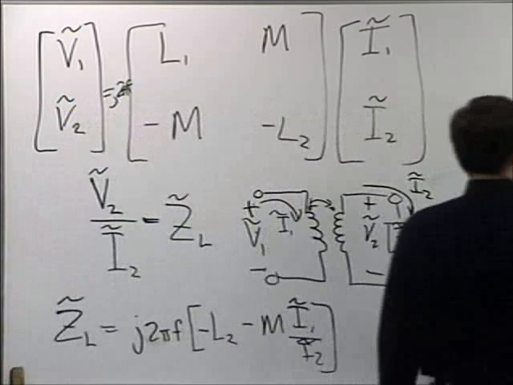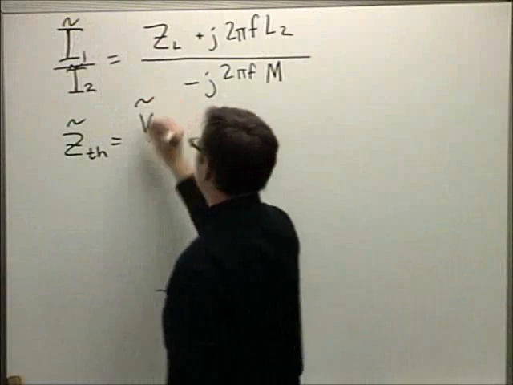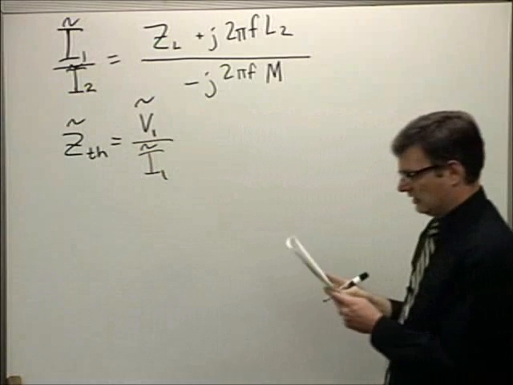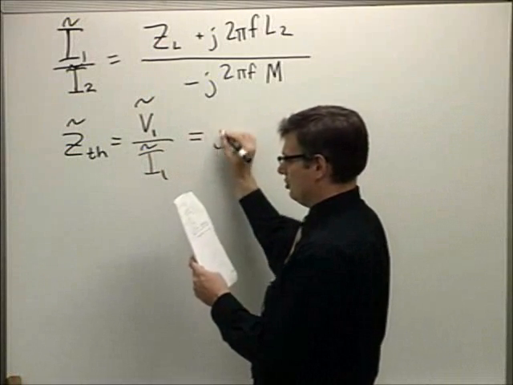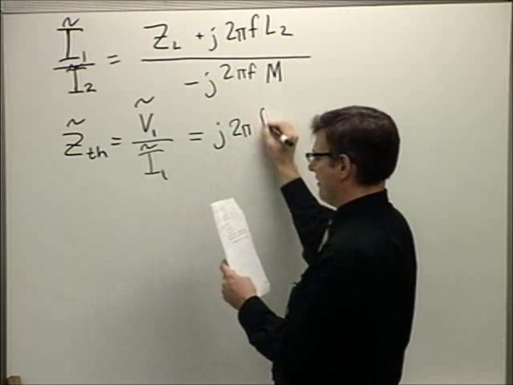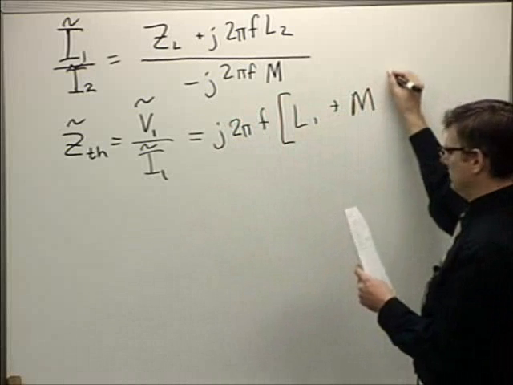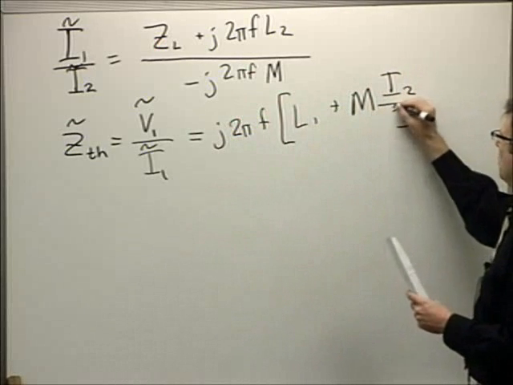So ZTH is equal to V1 over I1. Which, using the first equation, I can solve as j2 pi f L1 plus M I2 over I1.